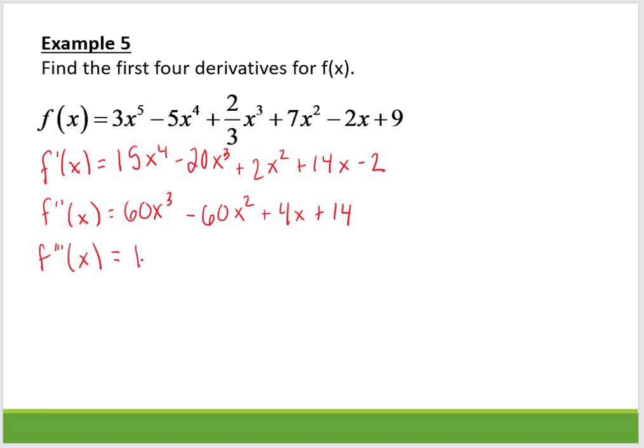Now I take my next derivative, 180x squared minus 120x plus 4. And then now my fourth derivative, for Nick Fusari, is 360x minus 120.